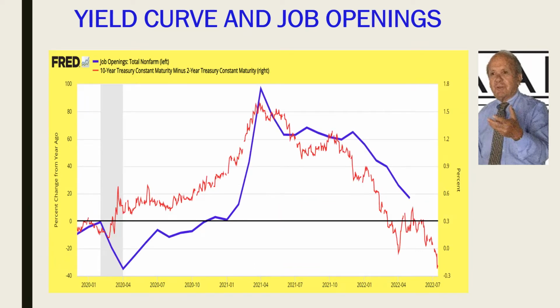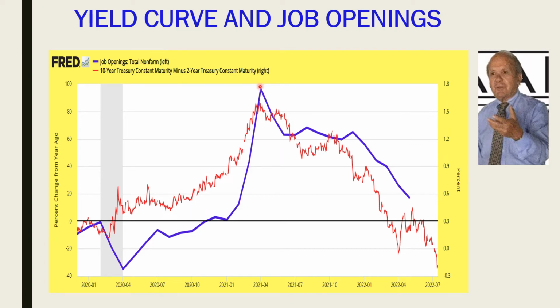This is an interesting set of curves. The red one represents the yield curve, the difference between the 10-year and the 2-year bond yields. And of course, as you heard on the radio, it is inverted. In fact, it's down here, inverting very sharply. The other thing that everybody knows is that an inverting yield curve reflects an economy that is slowing down, because again, consumers and small business are really hurting.